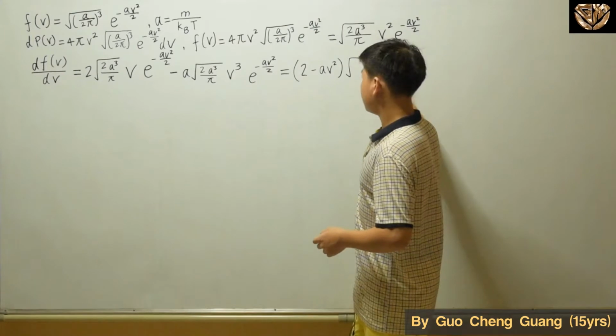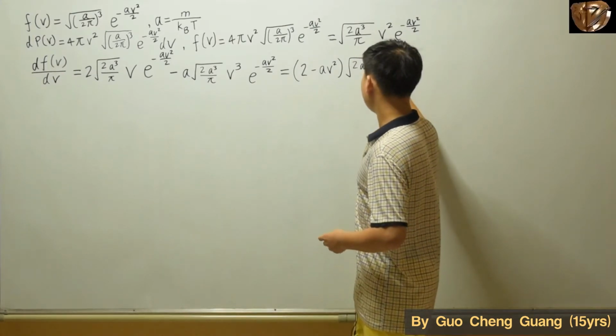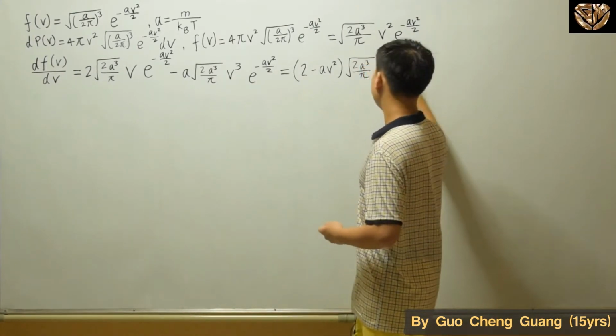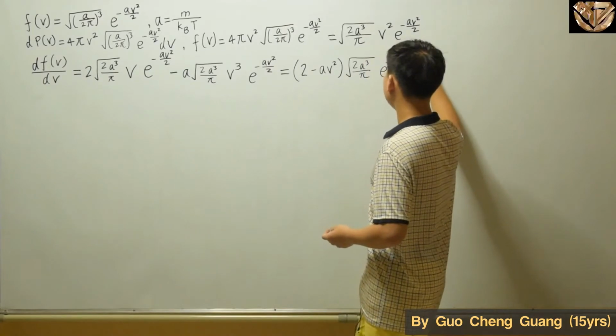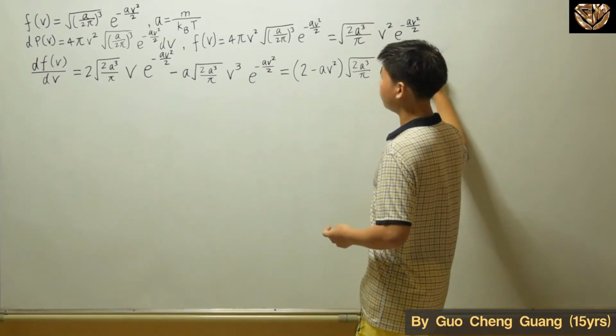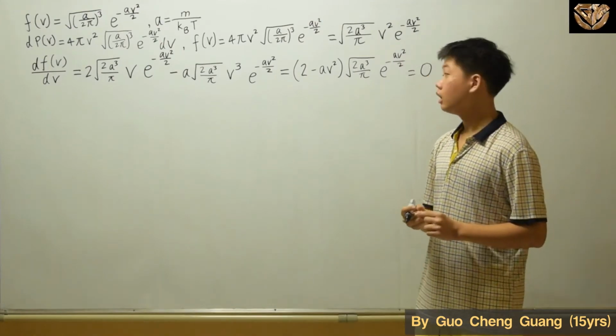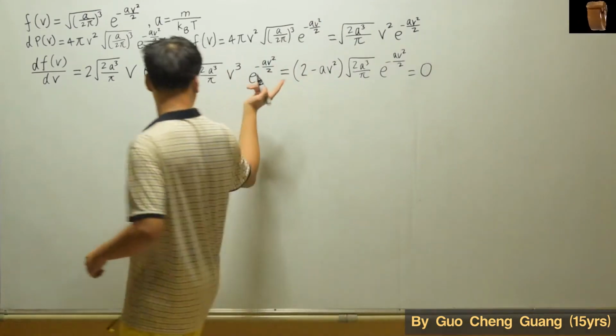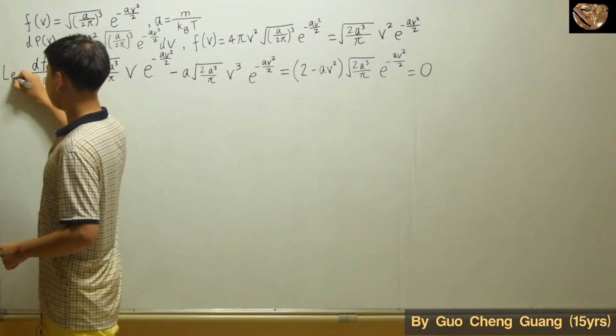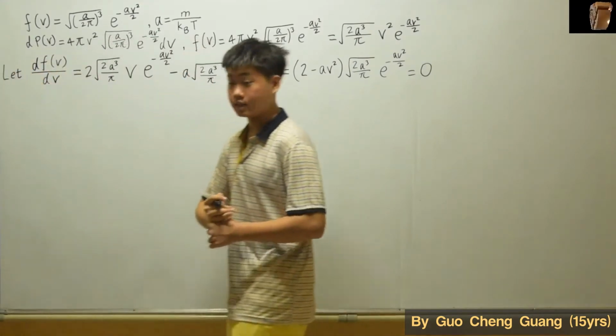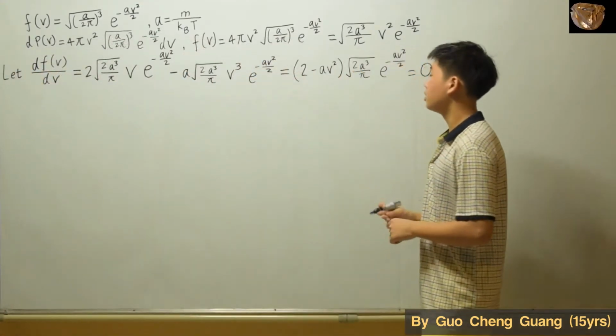And then the rest is your square root 2a cubed over pi and e to the power negative av squared over 2. So this is supposed to be equal to 0. So if you want this to be equal to 0, that means in front you have to use this.